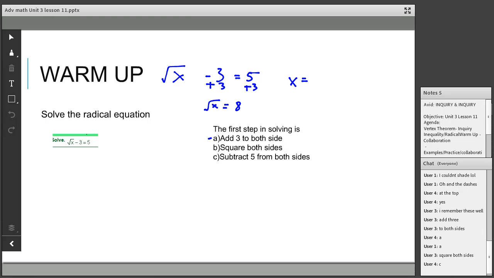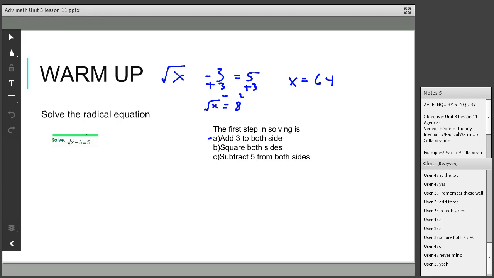So I get x is equal to 64. Does that seem right? Yeah. Okay. Square both sides. All right, so that's how we solve these radical equations.